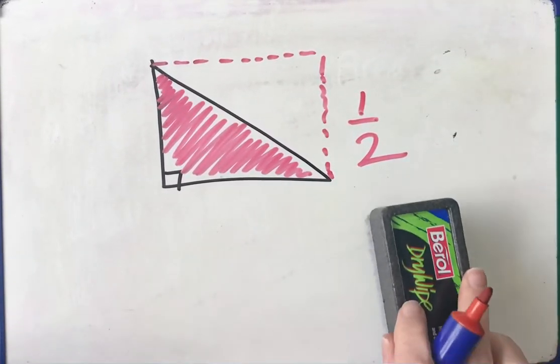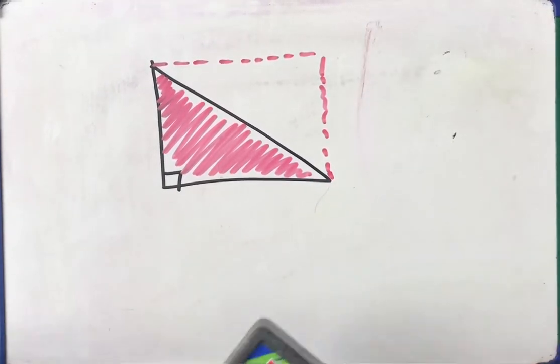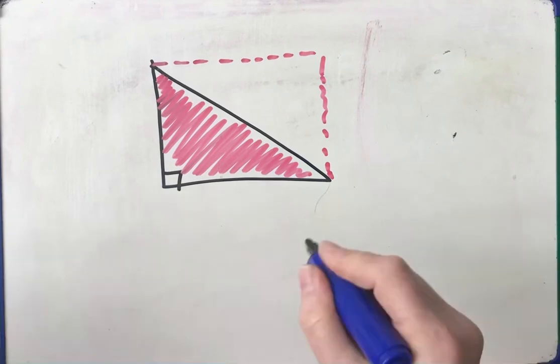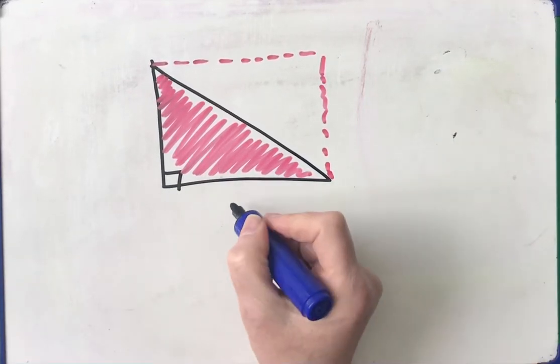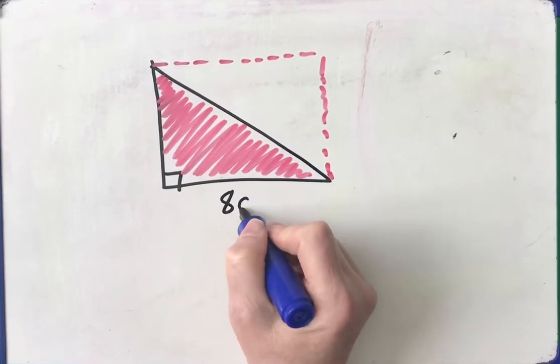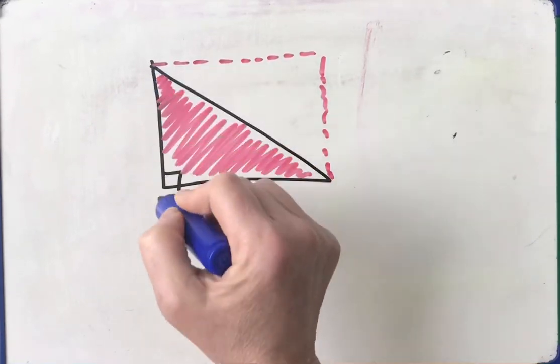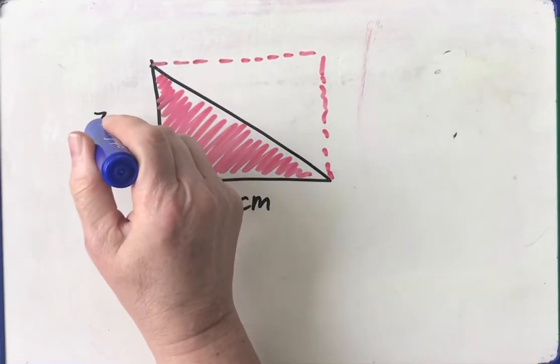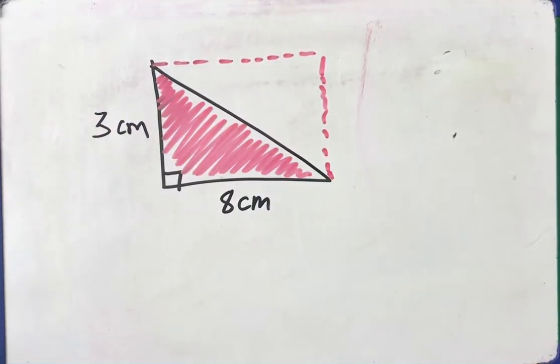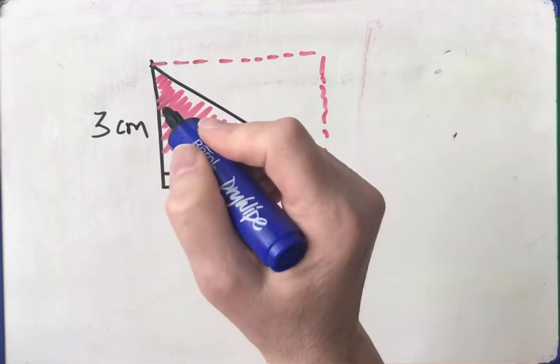So if I have some dimensions, which is just a posh word for the lengths of the sides, if I put some dimensions on here, so I say this is 8 centimetres and this length here is 3 centimetres, guess what? It's times tables in disguise again. The area of a rectangle is length times width.